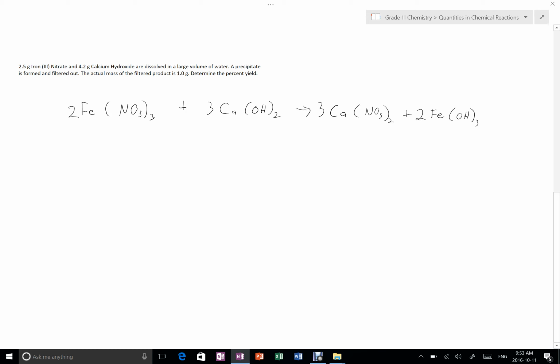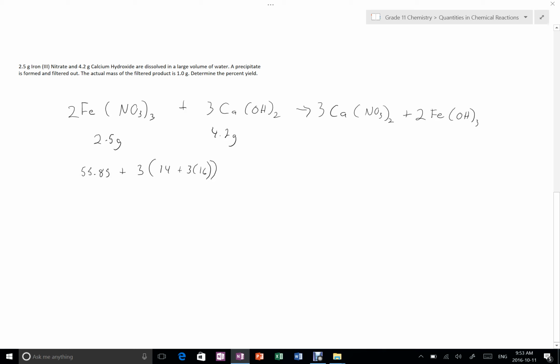Okay, 2.5 grams of this and 4.2 grams of this. Let's see which of us is the limiting reagent. Iron has a mass of 55.85 plus 3 times nitrogen plus 3 oxygens.